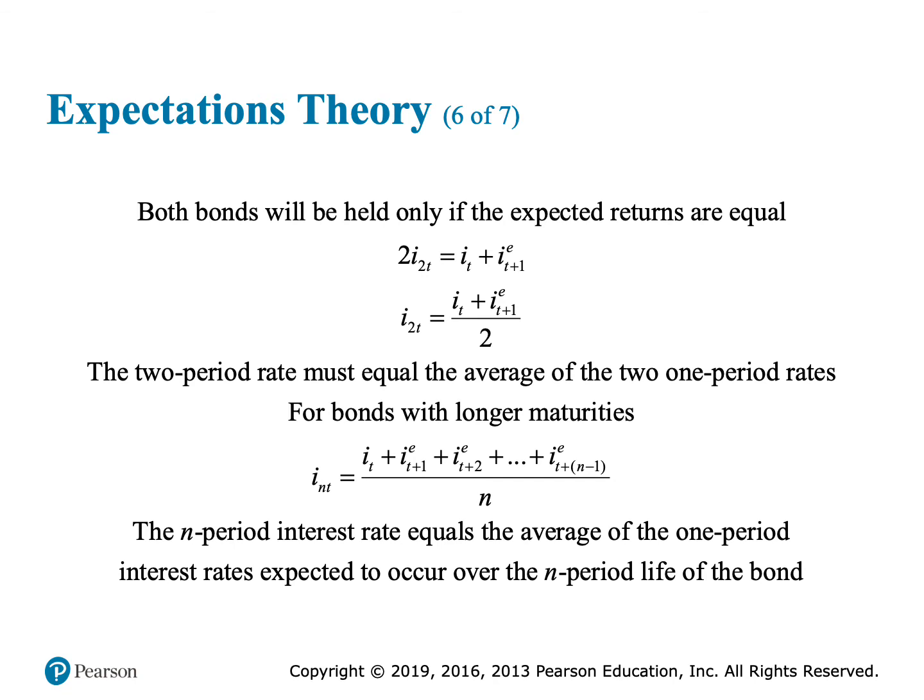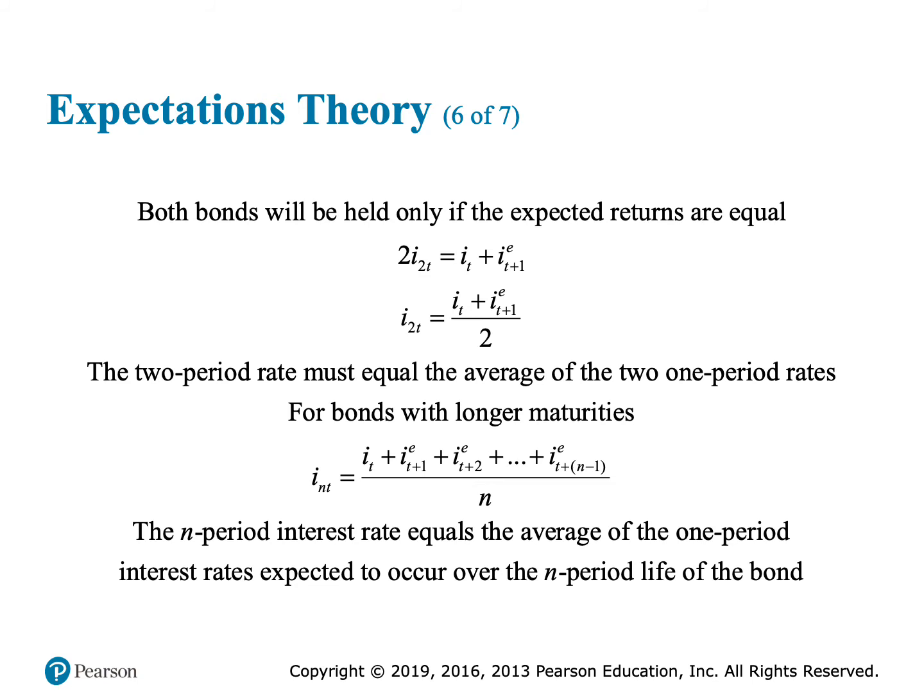For bonds with longer maturities, we can generalize this statement and say that a long-term bond rate of any maturity, and let that maturity be n, the number of periods of time that it's out, should be equal to the average of short-term interest rates occurring over that maturity time span n.